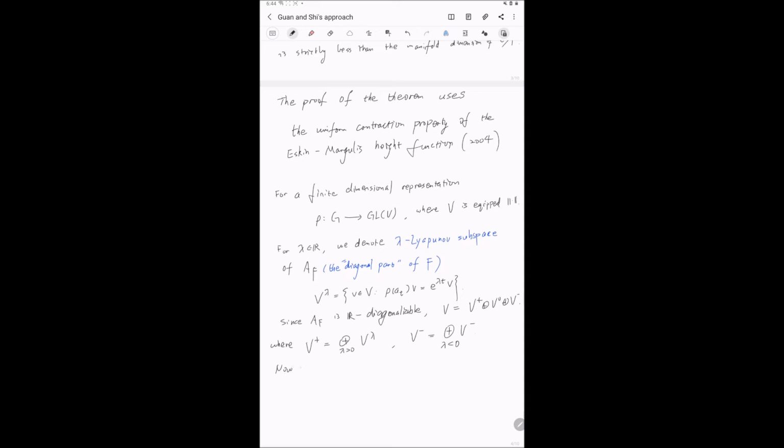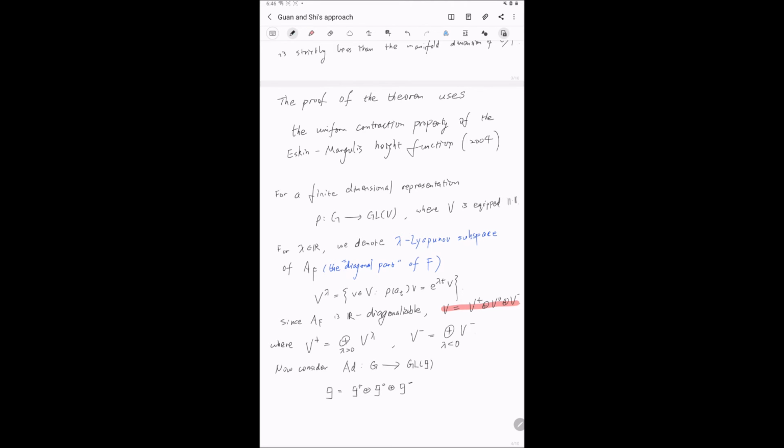Now we consider the adjoint representation of the Lie group G, on the Lie algebra of G. The decomposition here becomes g equals the direct sum of g plus, g zero, and g negative, and they're all Lie subalgebras of g.